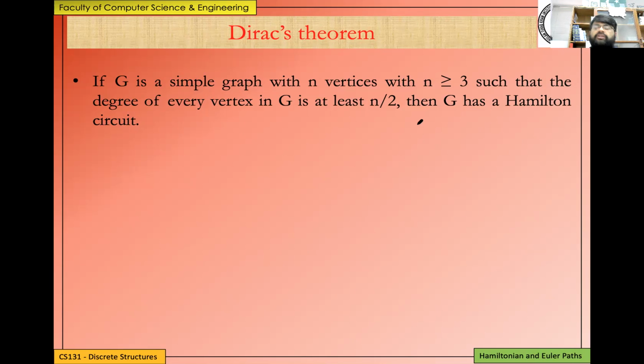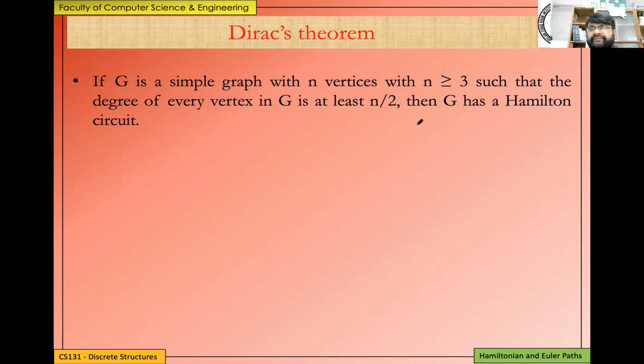Again, the more degrees you have, the easier it is. In a complete graph, for example, the degree is 10, and that's very easy. But this theorem states that for almost every case where the vertex with the lowest degree is at least n/2, the graph will contain a Hamilton circuit. However, the vice versa is not necessary.